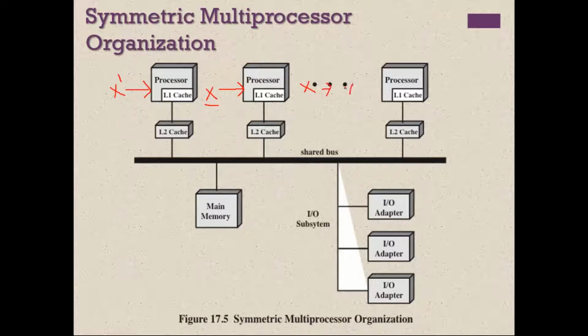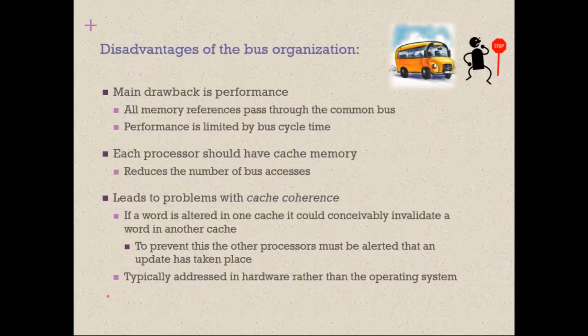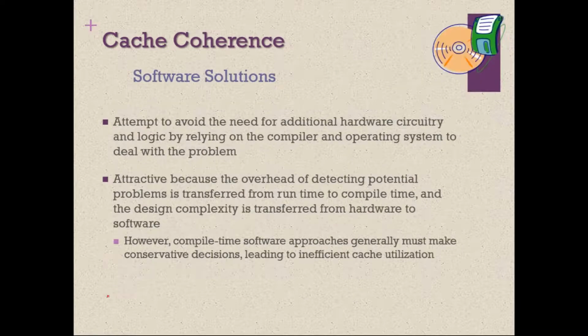Even if one of them modifies X to X dash, all the remaining copies become inconsistent, because the respective processors believe that they are consistent, but actually they are not. How to deal with this problem is what we will discuss today.